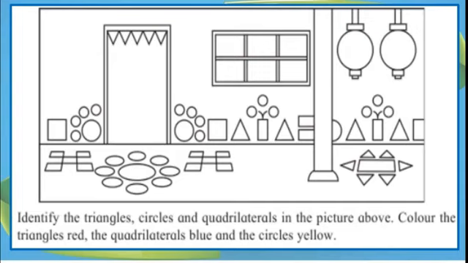Students, I will do one for you. See, this is a triangle, so I put red color in this. This is a quadrilateral. They asked us to fill it with blue color, and here the circle with yellow color.